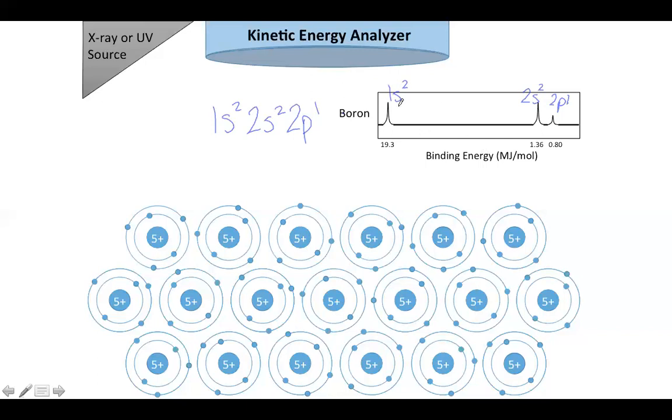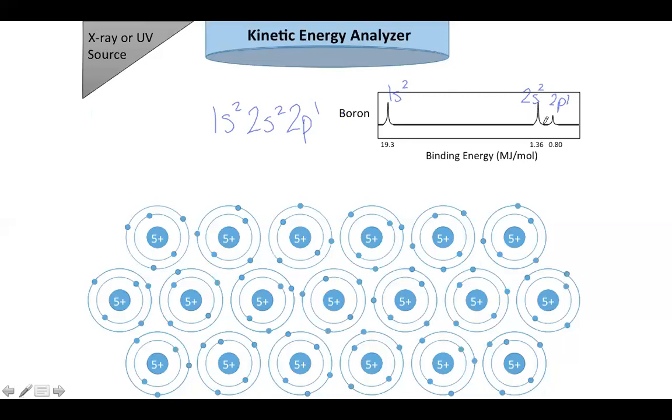If we're first starting with our 1s peak, we know that this 1s had to be filled because we've already moved on to a second peak. And if we look at this first peak, which we know is filled, so 1s2, and we compare it to the second peak, these peaks are the same height. That means they have the same number of electrons in these sublevels. So this means there's 2 electrons and 2 electrons.